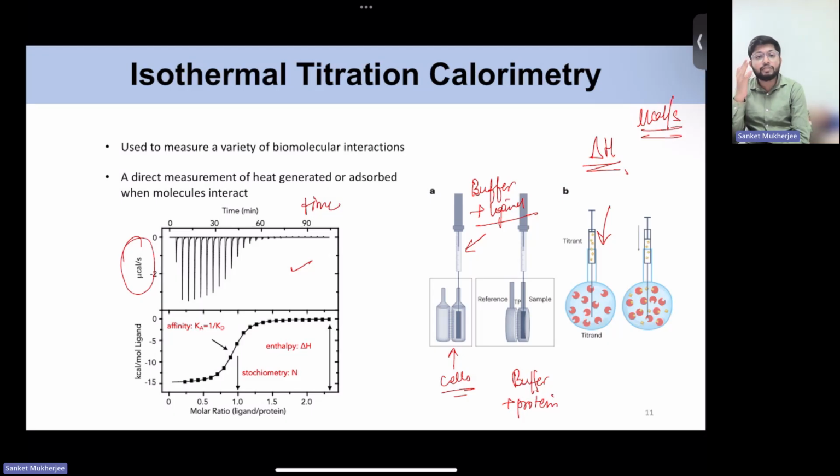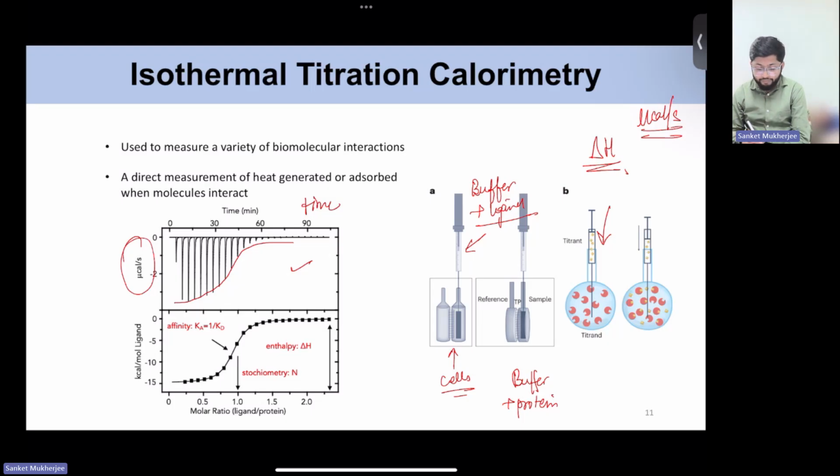It's basically a principle of calorimeter where it only measures the heat generated or absorbed in the reaction. So here you see a curve, your peak like this. So there's some sort of saturation also at one point. This is a good ITC curve.